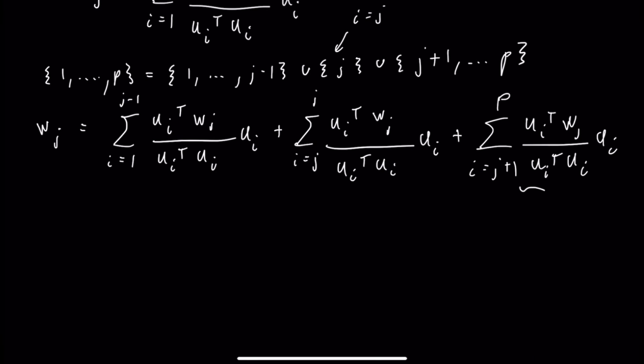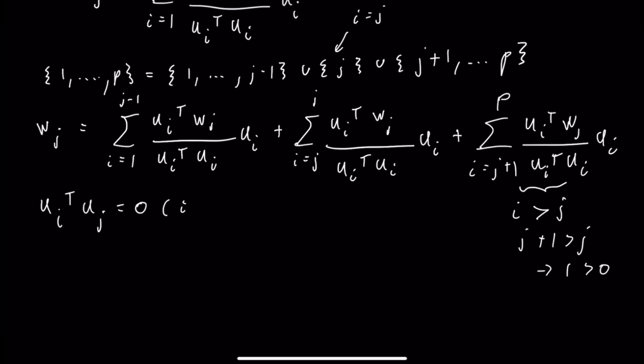In this last case, I is bigger than J. We're considering UI transpose Uj equals 0, which is when I does not equal J, and I bigger than J essentially means the same thing. So by that standard, this will end up being 0.